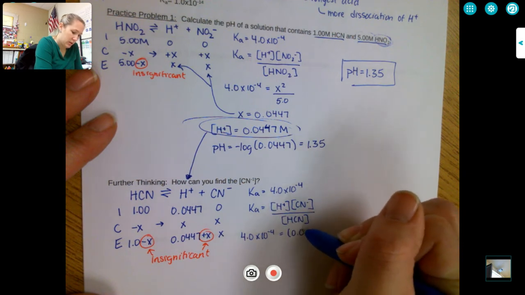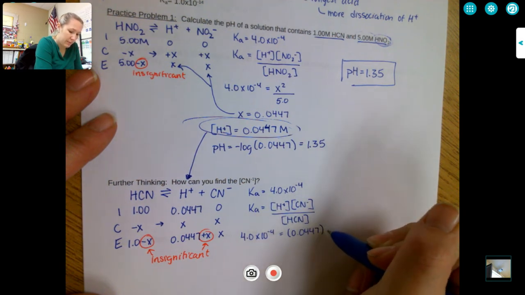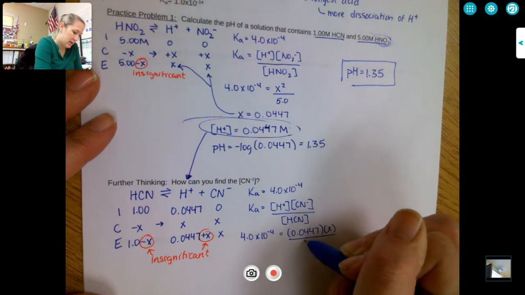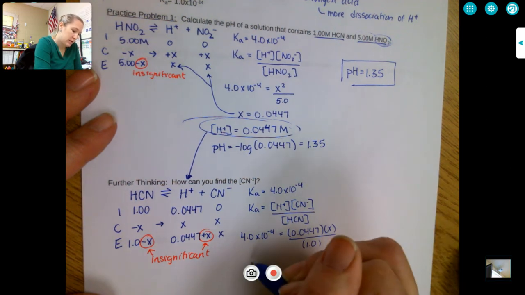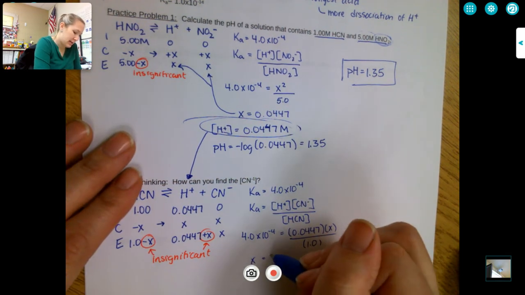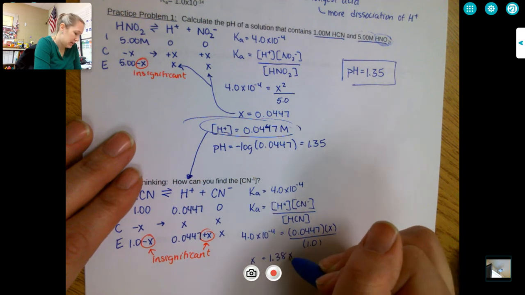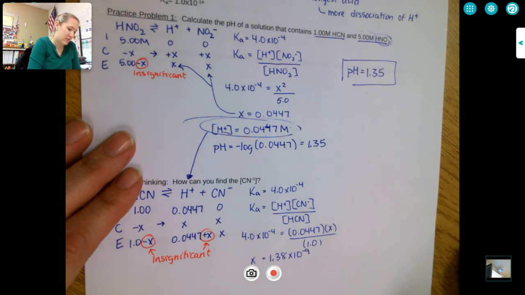So we go ahead and plug in, and we've got 0.0447 times x over 1. When I solve for x here, I get x to be 1.38 times 10 to the negative 9.